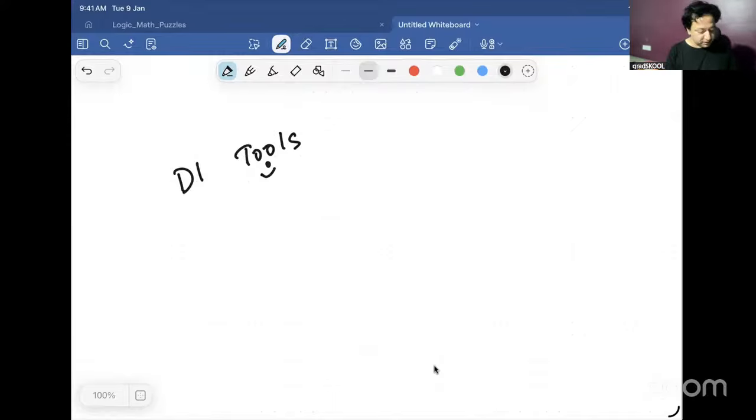So, agenda for today's session is that we'll be doing DI tools, which is very important for entire DI, data interpretation. And then there will be some puzzles. These puzzles are basically meant for opening your mind to understand what logical reasoning and data interpretation want from you.